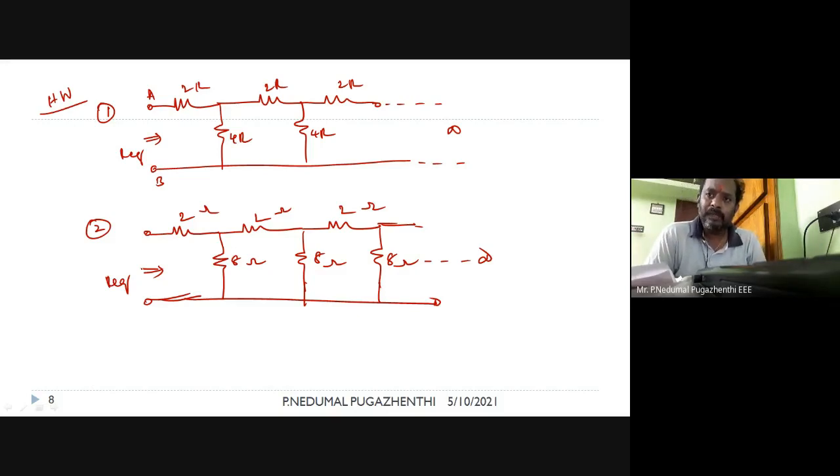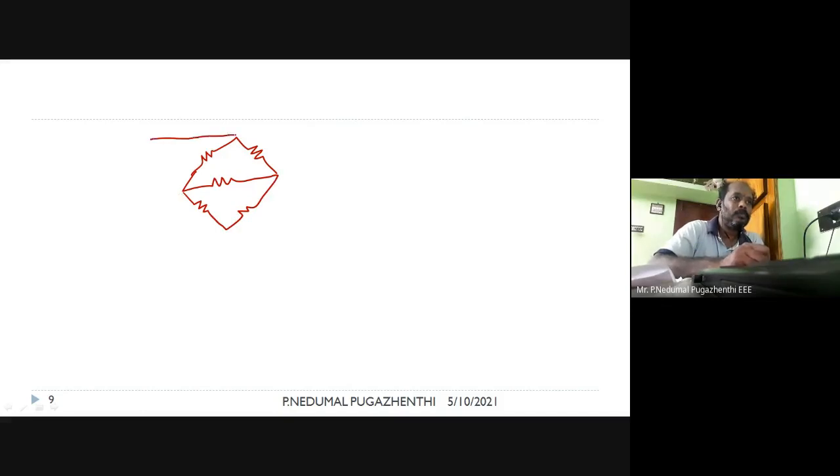star delta conversion. There are a few networks where finding the equivalent resistance in a series parallel combination is going to be very difficult. For example, if you have a network like this, there are some values R1, R2, R3, R4, R5.